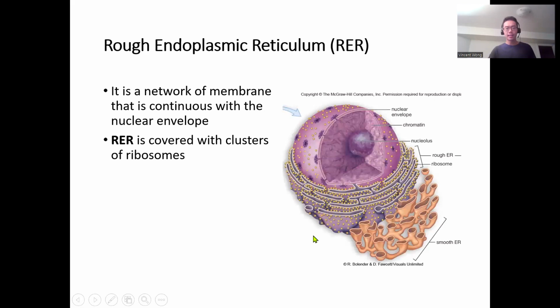So that's this part right here, with the yellow dots on them. That is continuous with the nuclear envelope. It's attached to it. It's just an extension of it, and it's covered with ribosomes. Nothing new so far. Same thing I've been telling you over and over again. But what does it do?